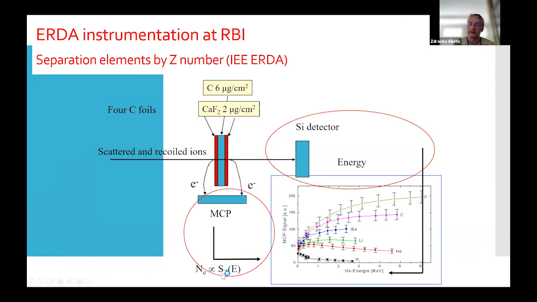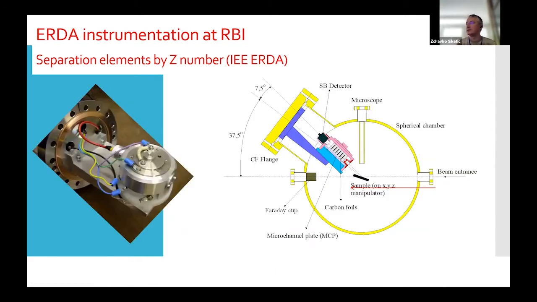The pulse height from the number of electrons emitted from the foil is proportional to the Z of the ion. You can see here a pulse height from the microchannel plate. It depends on the energy and the mass of the beam. And this is how this spectrometer looks. It is attached, in our case, to the nuclear microprobe, so we can also do imaging of the sample, but mostly it is used to separate hydrogen from the rest of the elements inside of the sample.